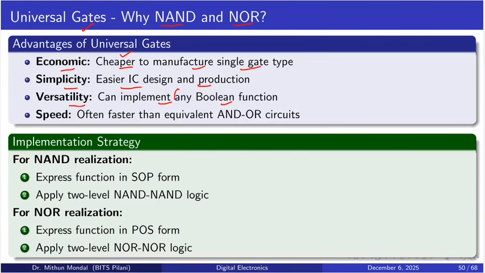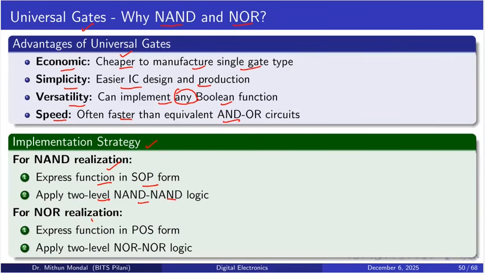So any Boolean function means we will see the AND or NOT, all these basic operations we will get using this universal gate. And in terms of speed, they are often faster than their equivalent AND or OR circuits. So the implementation strategy for NAND realization: we will express the function in the SOP form and apply two-level NAND logic.